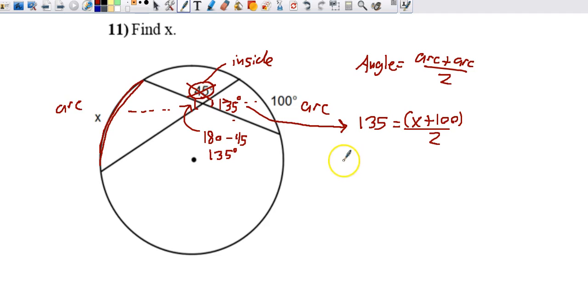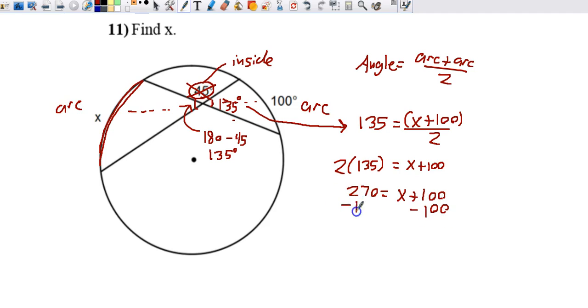Let's multiply that by 2. And 2 times 135 is going to be 270. So subtracting out that 100, that's going to be 170.